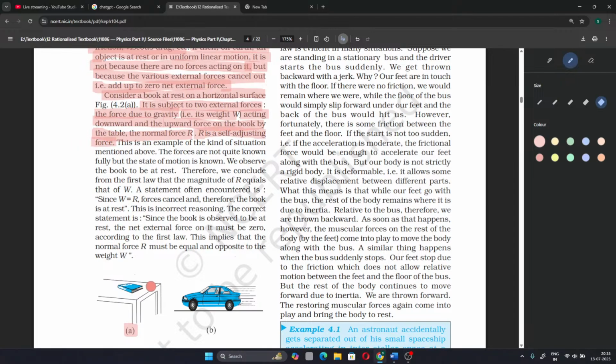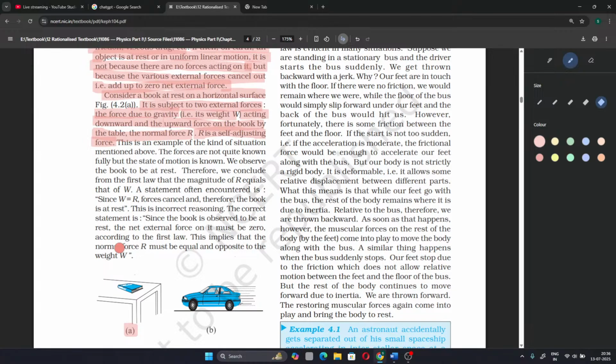Basically, if the book was 1 kg and the force experienced on the book is some Newton due to gravity, then if the table is very rigid, it can always support the weight of the book, and it will apply the same force. If the book is 1000 kg, the force experienced will be larger than for the first book, which is 1 kg.